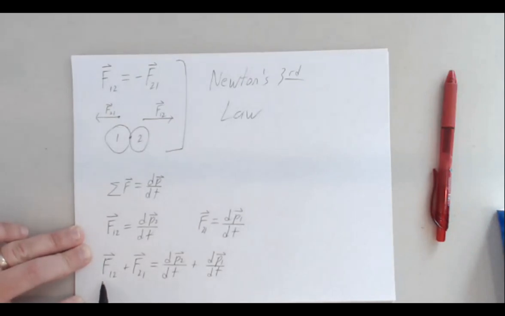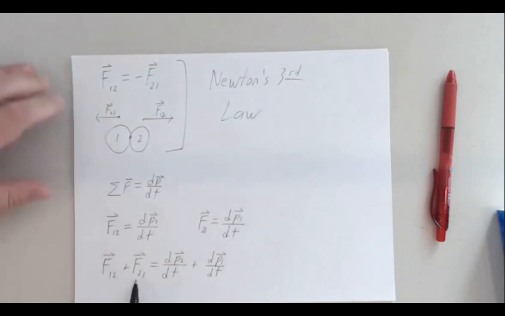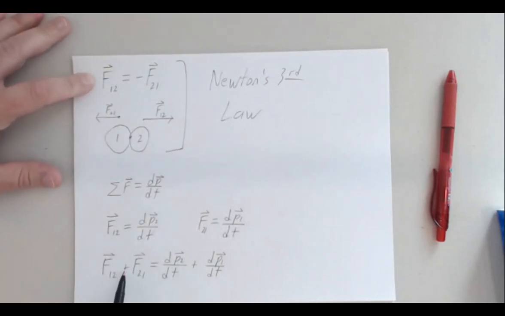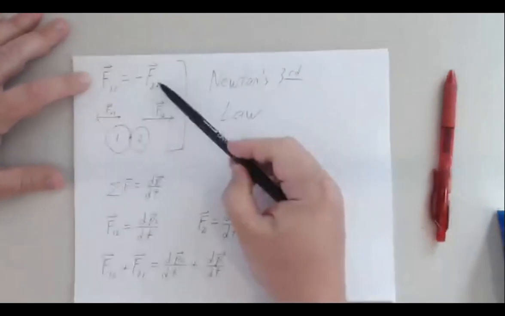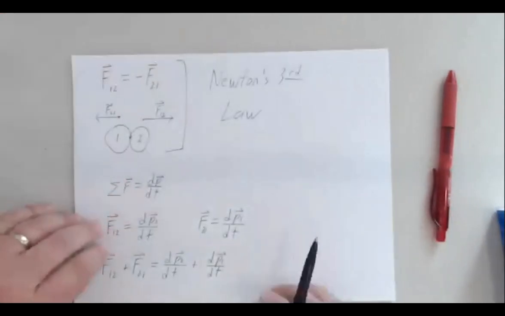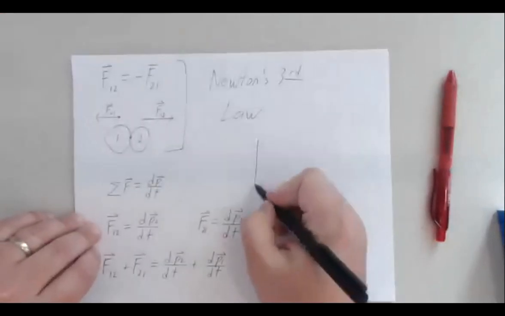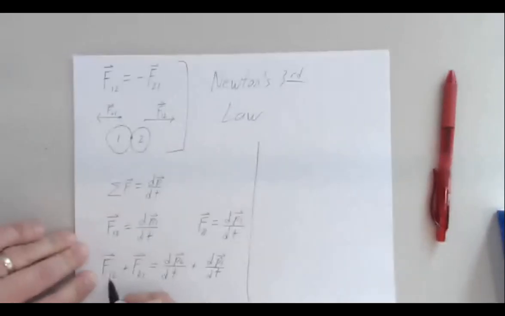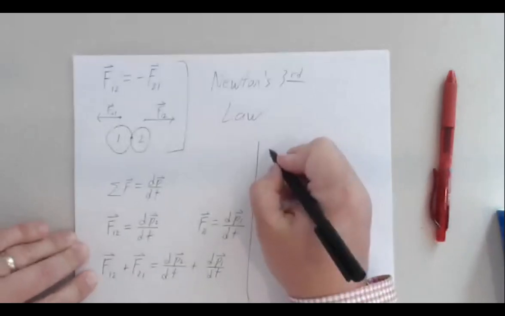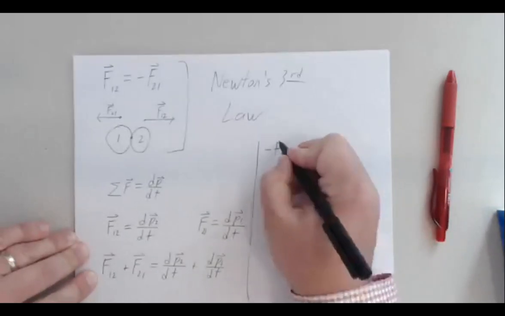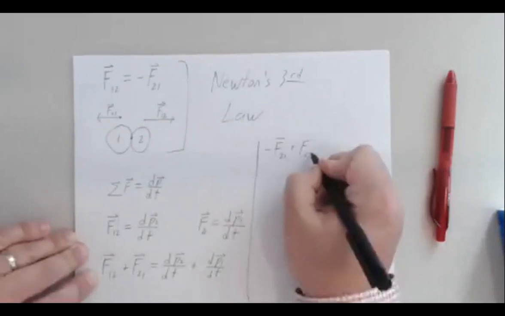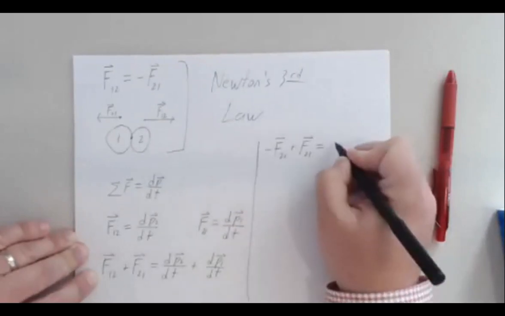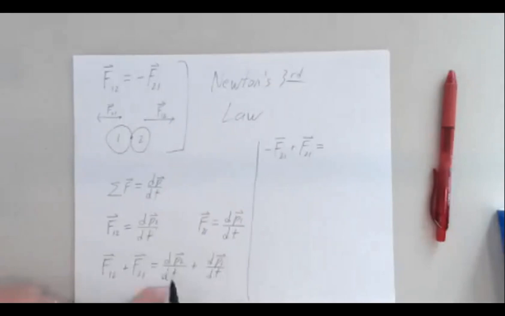Okay, this term here, I can look up here at my Newton's third law, right? Newton's third law says that F12 is negative F21. So if I plug that in, what I get is negative F21 plus F21 equals, and I'm going to do something fun down here.